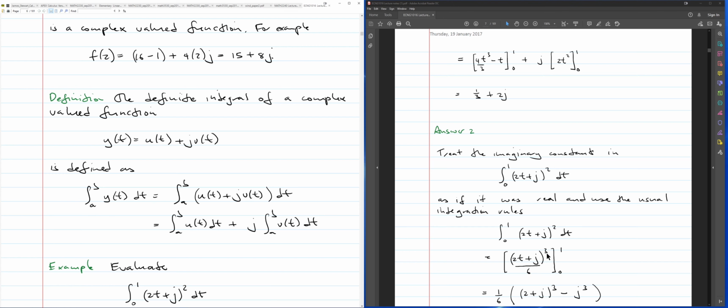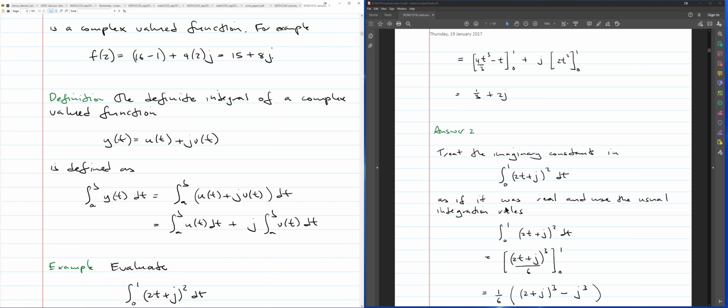When I differentiate this, I get a 3 coming down, then the power will be 2, and when I differentiate the inside, I'll have a 2. So in order to get back 2t plus j squared, the constant would need to be a 6. If you're not happy with that, you could use the substitution u equals 2t plus j to work this out.